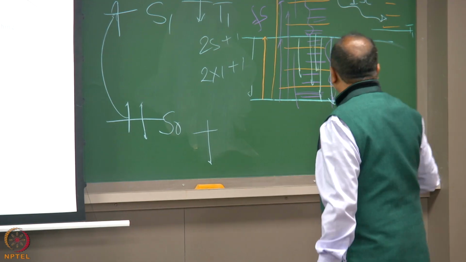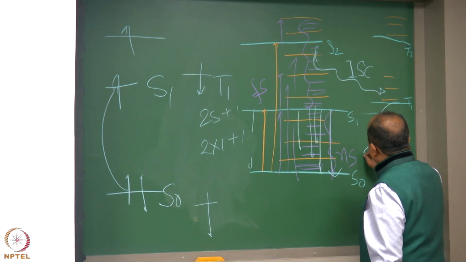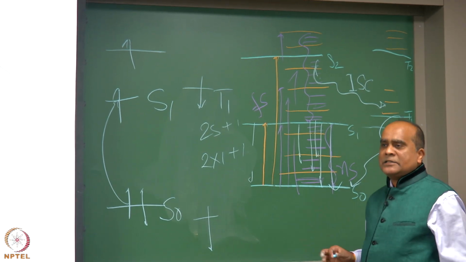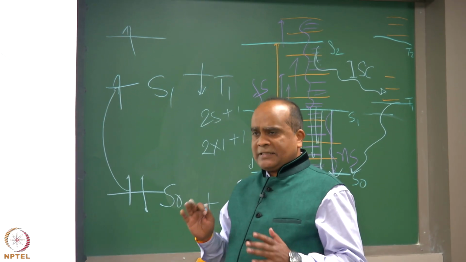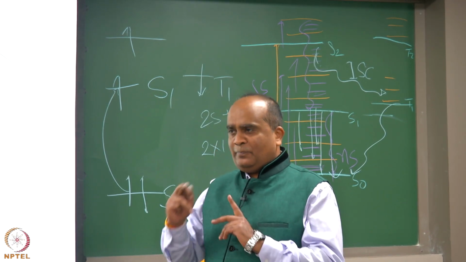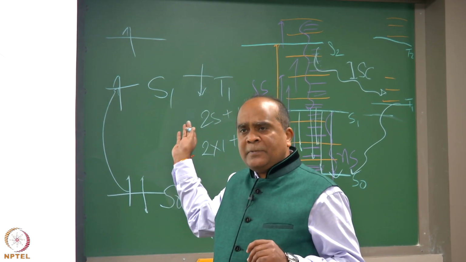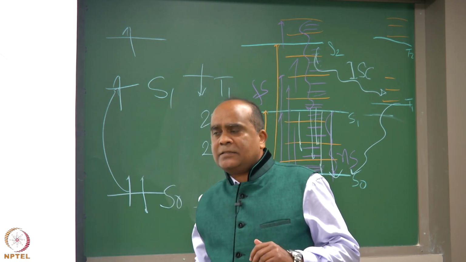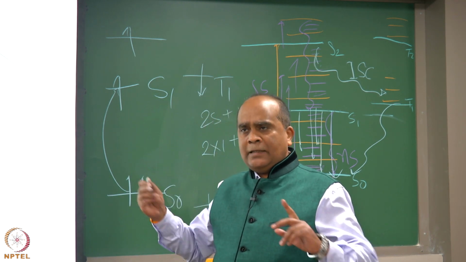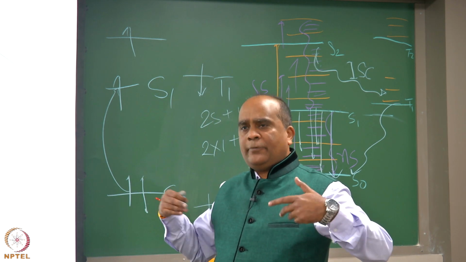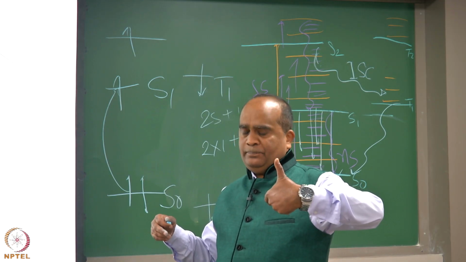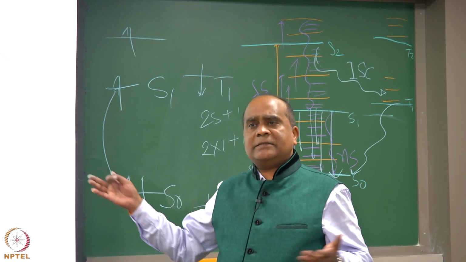Now, suppose this electron comes from the triplet state to the ground state. It takes time, because of the flipping. If it comes from the triplet state to the singlet state, it has to flip again, and it is a process that takes time.